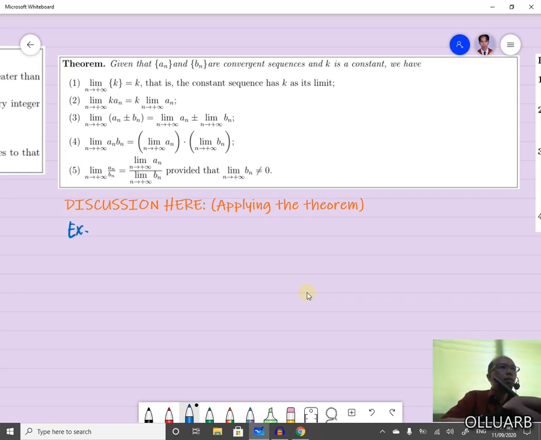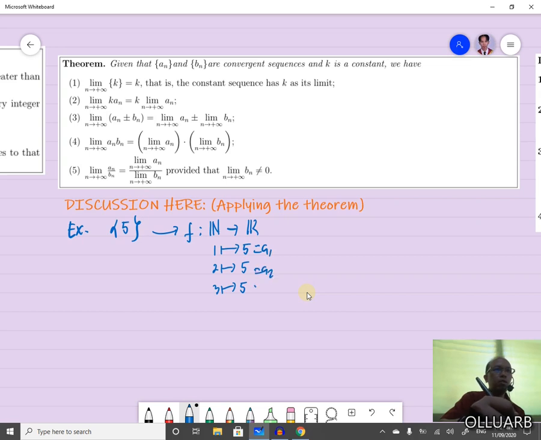If you have the limit of a constant, let's say if you have a sequence which is this one, so meaning to say, this is our sequence. It starts from n equal to 1, so 1 is mapped to 5, 2 is mapped to 5, 3 is mapped to 5, so this is our a1, a2, a3, and so on.